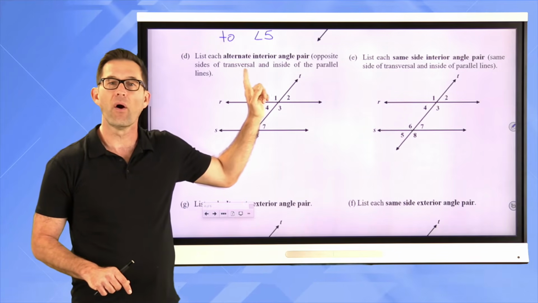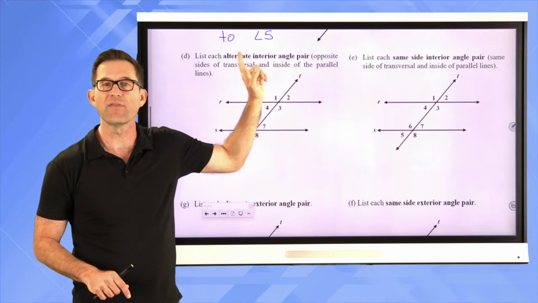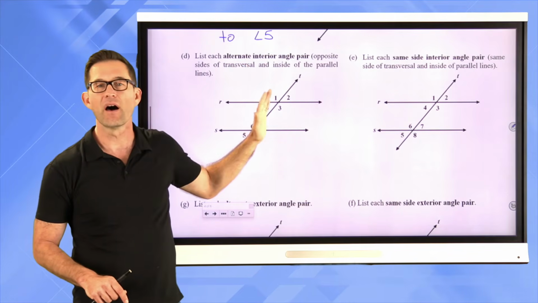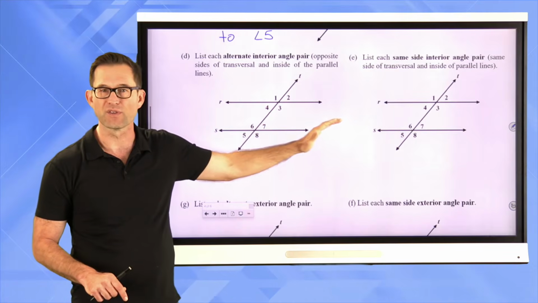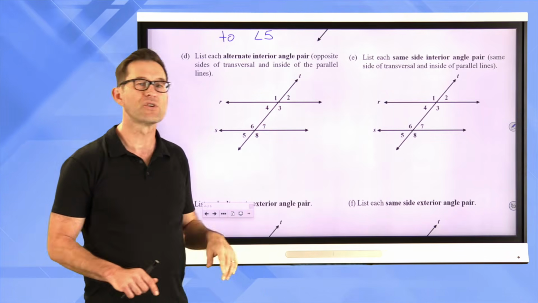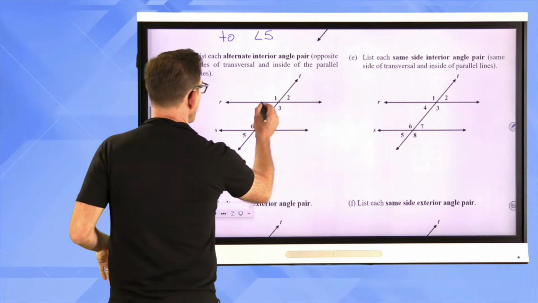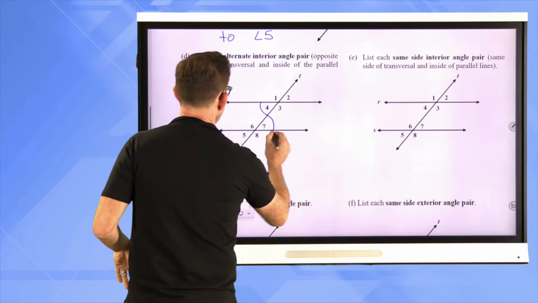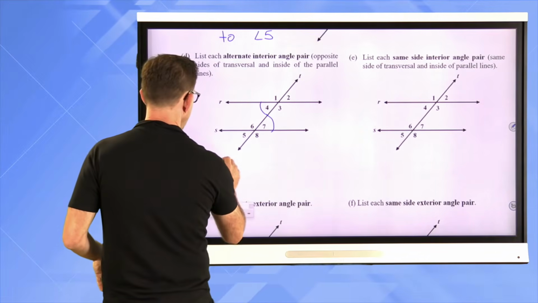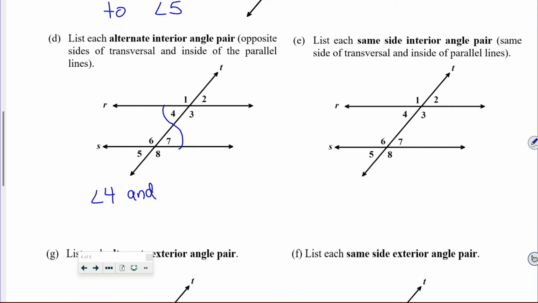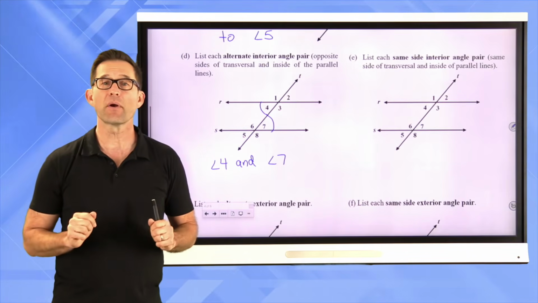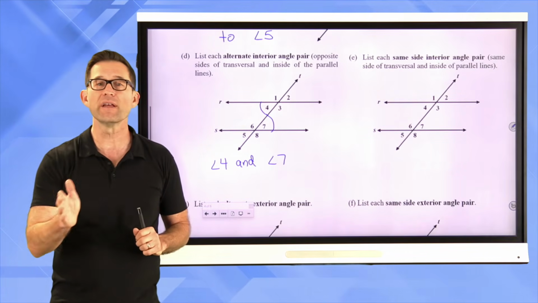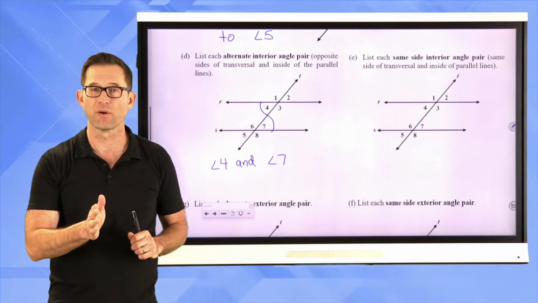If I'm talking about alternate interior angles, anything that alternates is on either side of the transversal. So one alternate interior angle pair would be angle 7 and angle 4. Angle 4 and angle 7 are alternate interior angle pairs, because they're on the inside of the parallel lines and they're on alternate sides of the transversal.